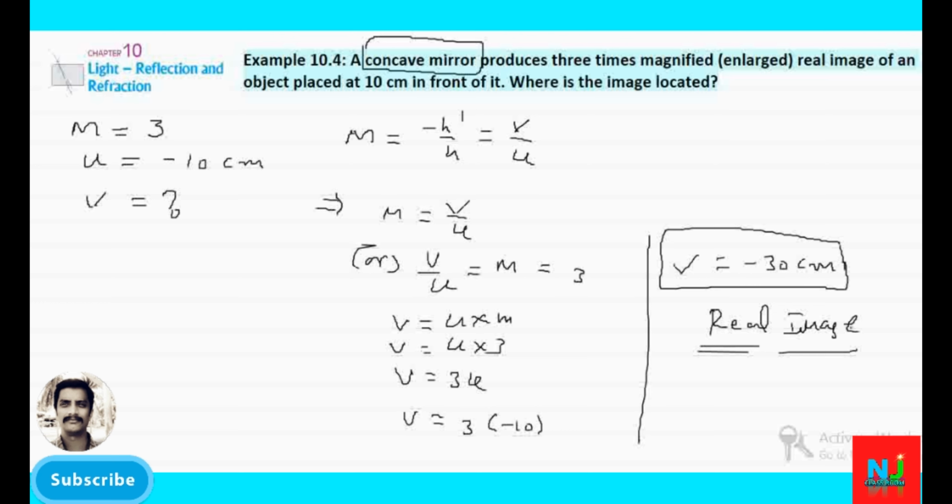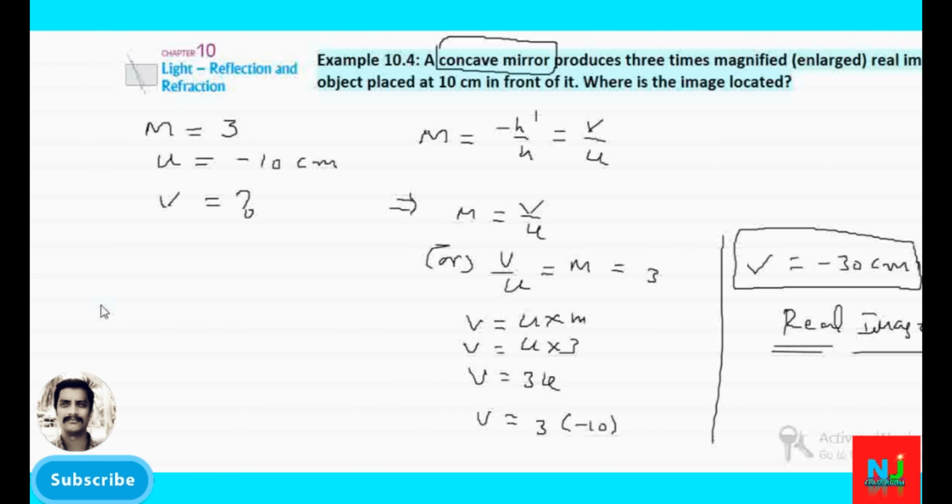That is for the concave mirror. You have to keep in mind that in case of a convex mirror, you have to change the sign. Already we know it.